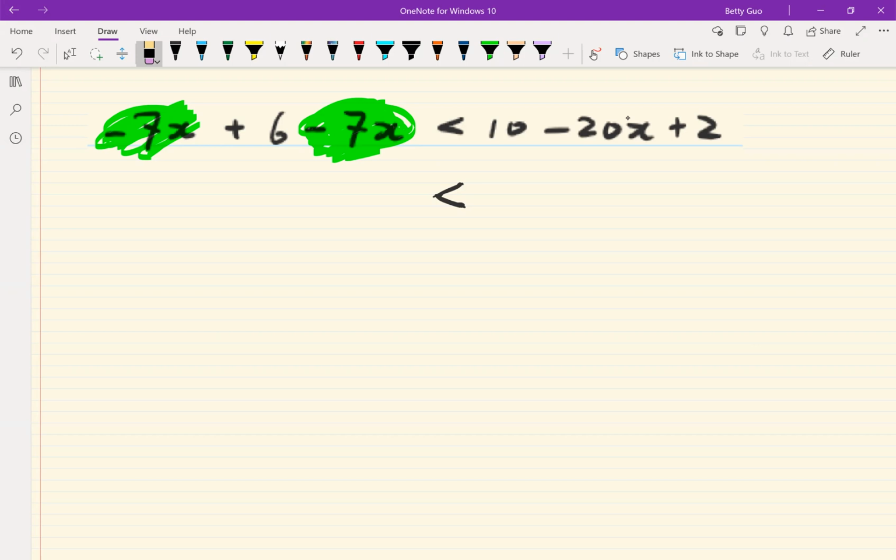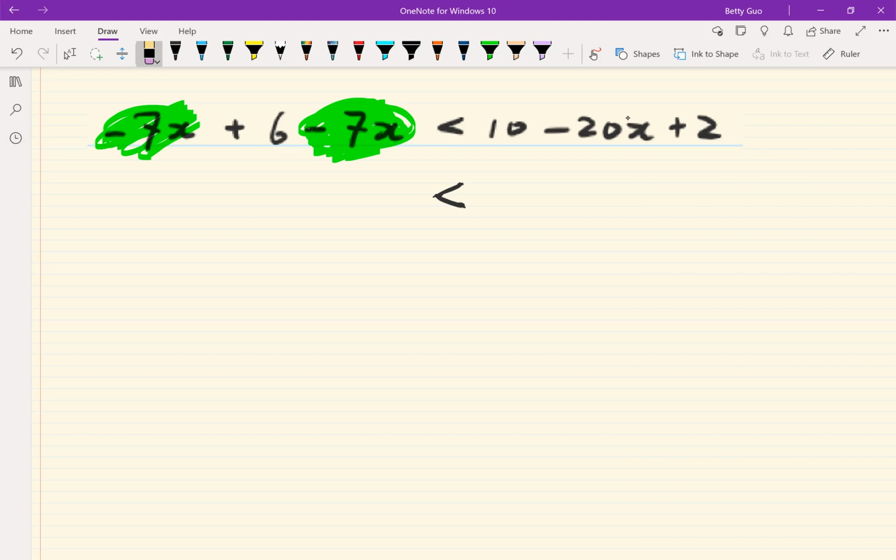Because left-hand side and right-hand side are not simplified, we will simplify each side first. On the left you have -7x, -7x. Can you combine -7x, -7x?